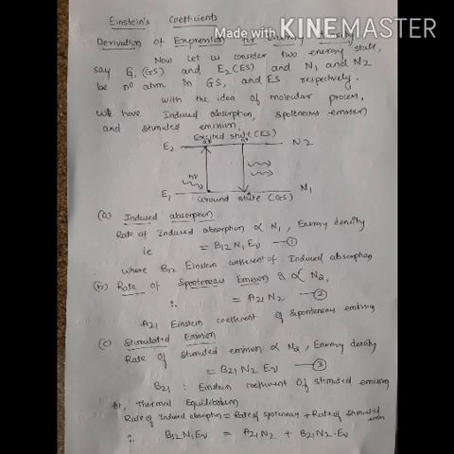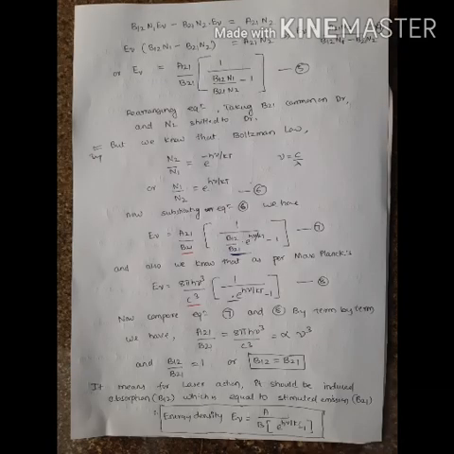At thermal equilibrium, the rate of induced absorption is equal to the rate of spontaneous emission plus the rate of stimulated emission. Now by adding this, we will get B12 into N1 into E mu, which is equal to A21 N2 plus B21 N2 into E mu.